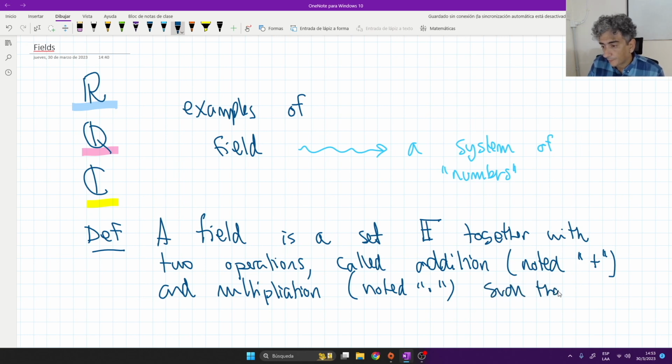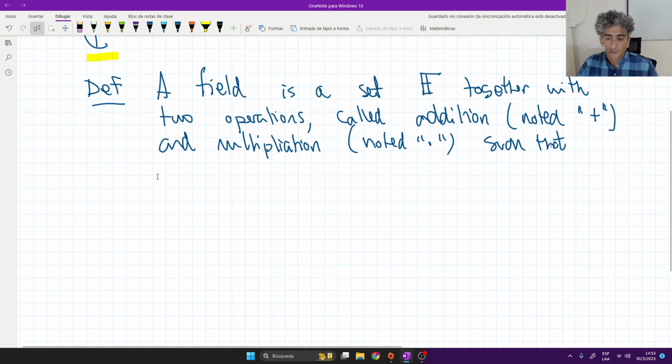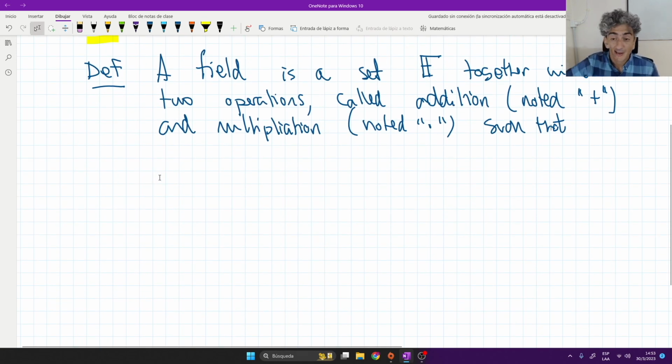Such that a field must satisfy a certain group of conditions, of axioms, in order to work.